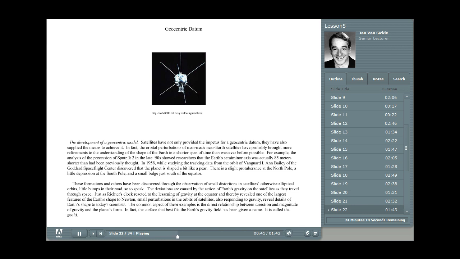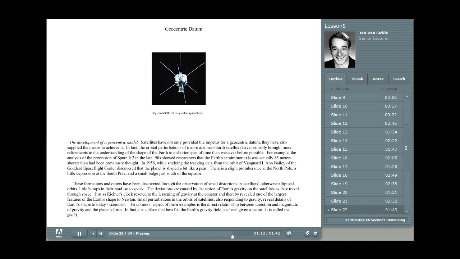These deviations in the orbits are caused by the action of the Earth's gravity, primarily, on the satellites. There are other elements, too. But just like Richter's clock reacted to lessening gravity at the equator and revealed some of the larger features of the Earth's shape to Newton, small perturbations in the orbits of the satellites responding to gravity reveal the details of the Earth's shape today.